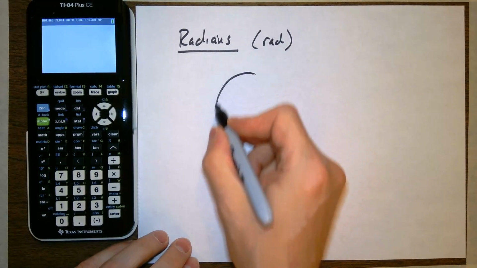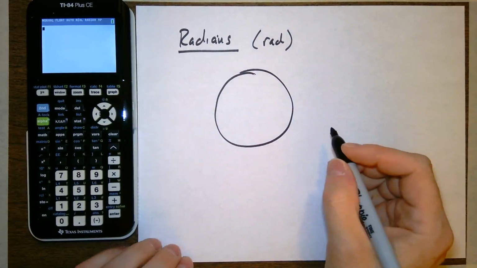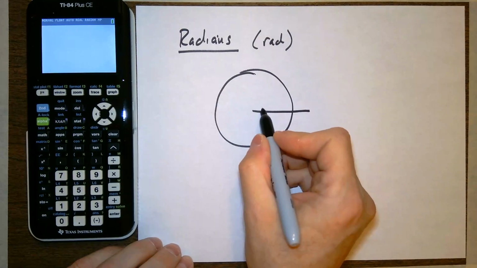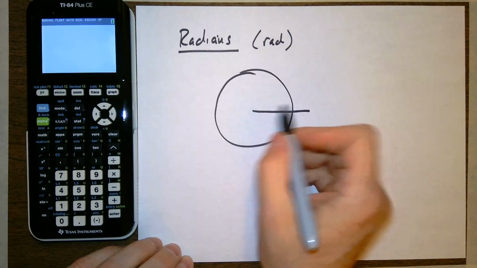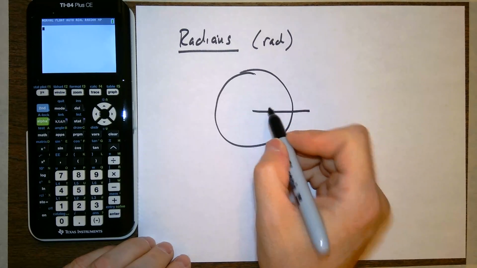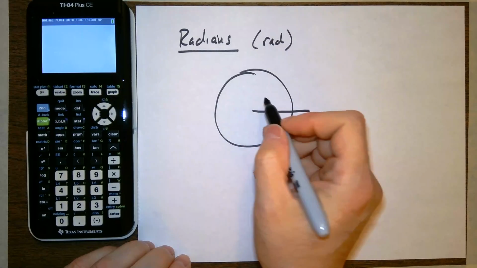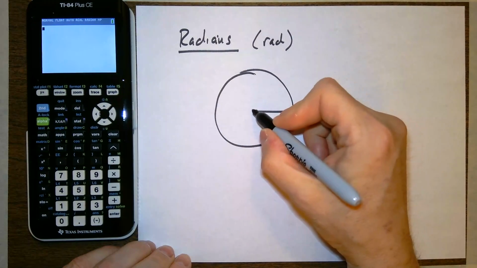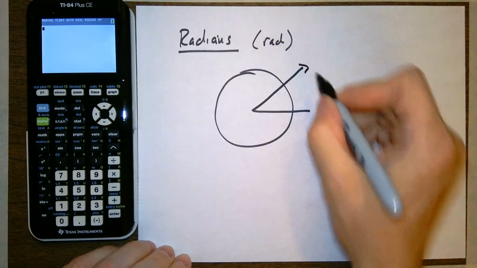So I want to take a look at a circle. Now, in a degree, if I went 1/360th, that would be 1 degree. And 90 out of 360 would be 1/4 of the circle, and that would be a right angle. But here, I'm looking at the radius and the angle and the arc length.